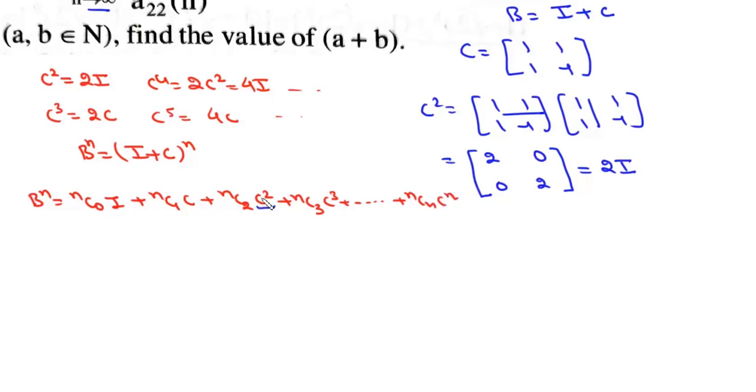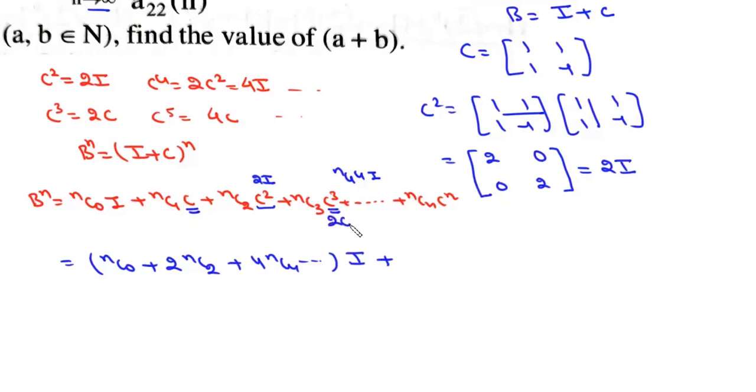Now for even powers of C, it will be simply 2I, and C to the power 4 will be 4I. So we can write this as (nC0 plus 2 into nC2 plus 4 into nC4 ...) into I, and then plus, now this is C, C cube is 2C, C to the power 5 is 4C. So we can write this as (nC1 plus 2 into nC3 plus 4 into nC5 ...), and it will be multiplied with C.